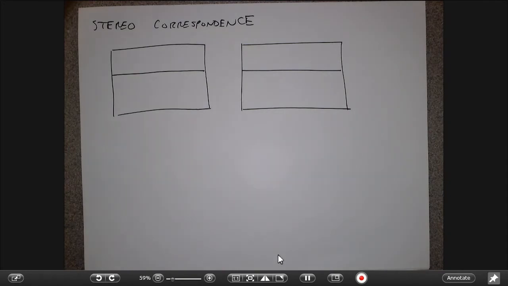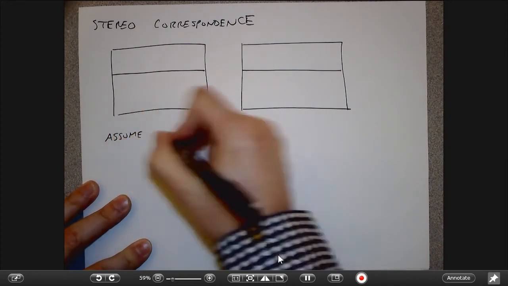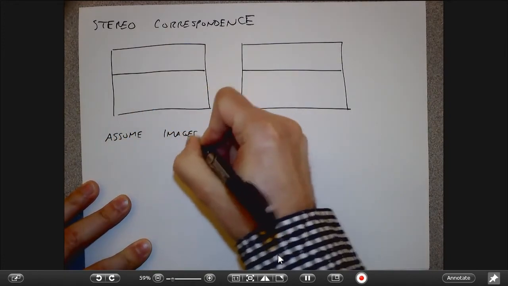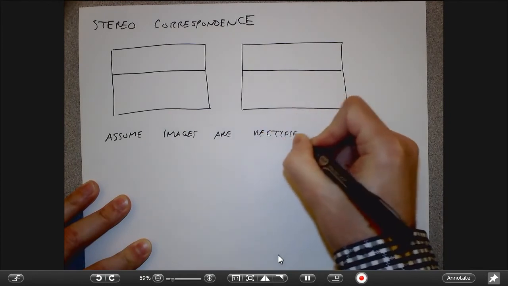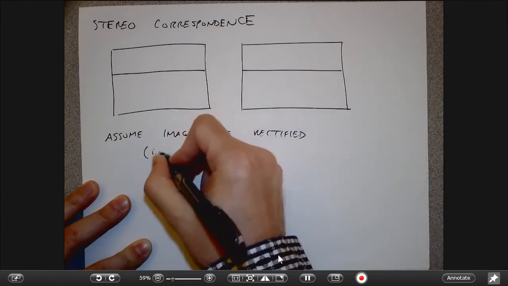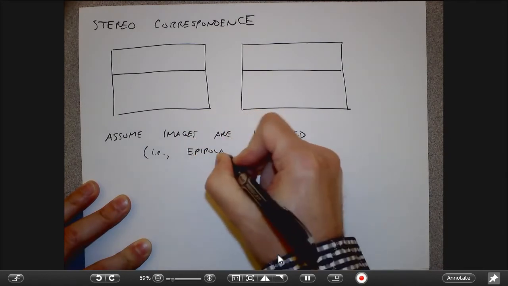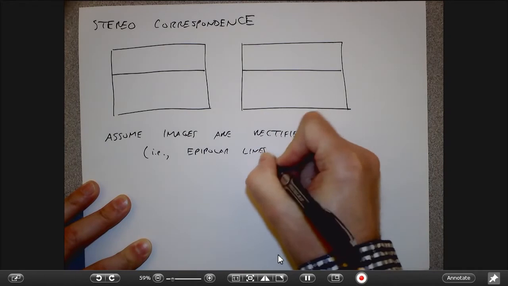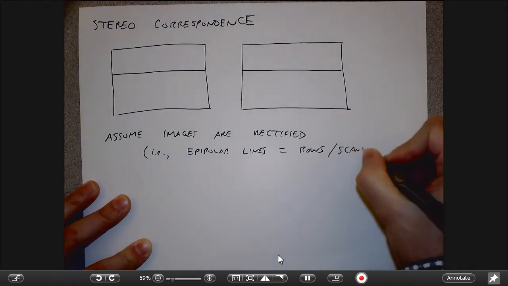That makes our life much easier, because all we have to do is solve the problem of what pixel corresponds to what along each row. So we assume images are rectified, which means epipolar lines are equal to the rows, or scan lines, of the image.